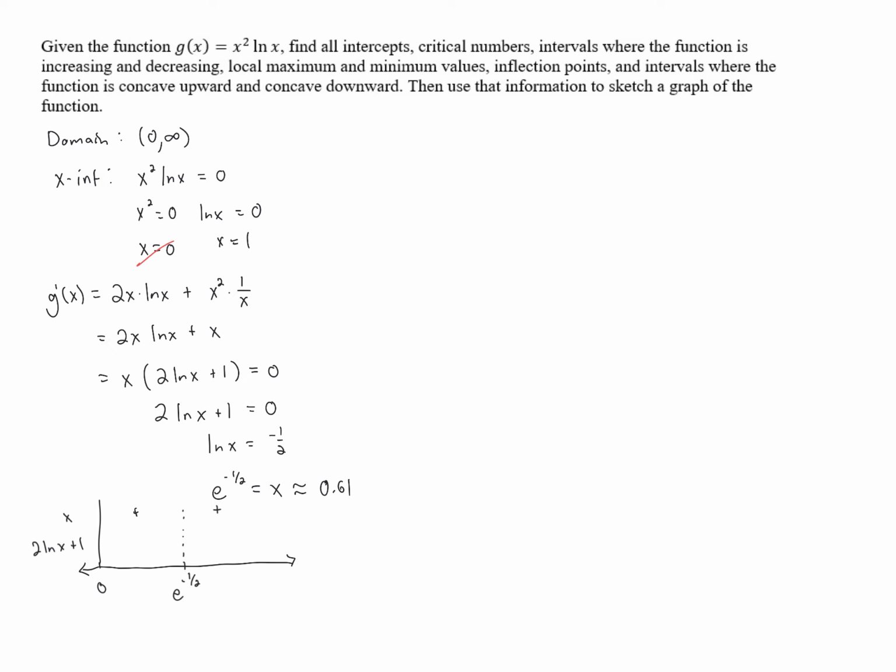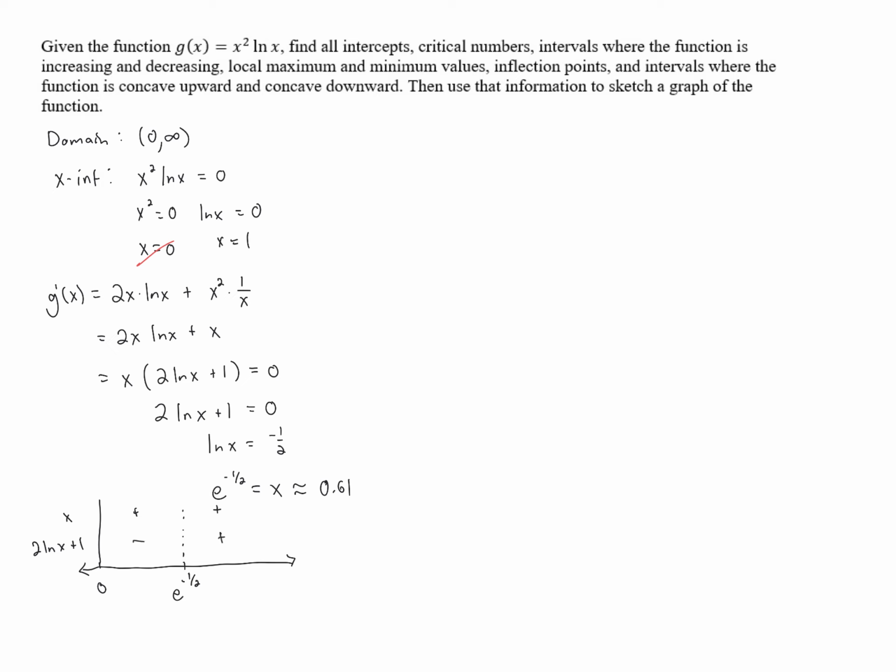And goodness, we might not know where that is positive or where that is negative, so we could pick values in each interval to plug in and evaluate this to see if it's positive or negative. And in the end, we end up with negative and then positive.